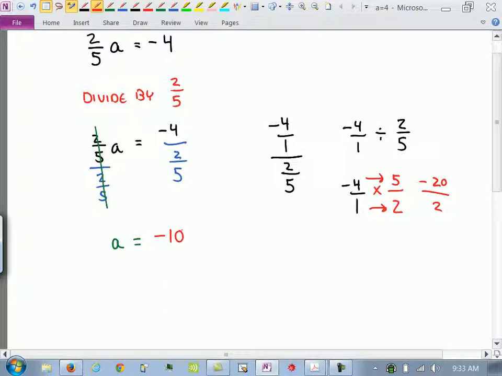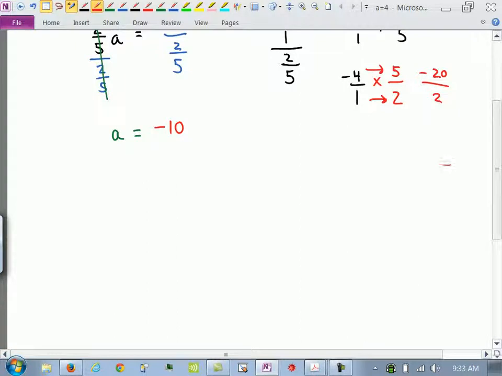That's one way of doing it, but that's not the way that I think a lot of students do it. They do it the second option. Question? No? Okay. So this is option 1. You actually divide by the fraction, then you flip it, but you also have to realize that -4 is -4 over 1, and so on and so forth. So that's your first way.